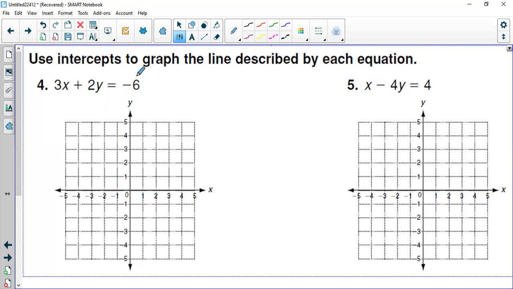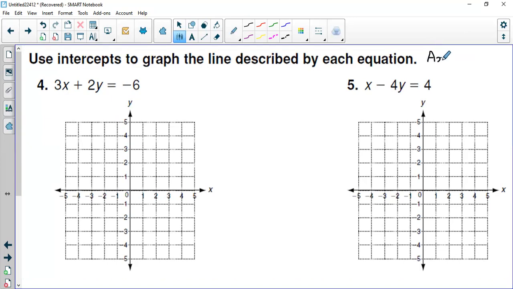Here, this value of c means the y-intercept. So in the standard form, ax + by = c, the value of c is the y-intercept. So there's a quick hint for you. Using the y-intercept, you can simply graph the line, right?